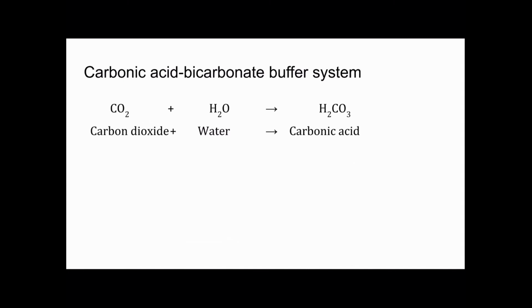When it combines with water, it turns into carbonic acid. So this is partly showing us where that carbonic acid came from, but also telling us that carbonic acid is a weak acid and can make things more acidic. So we can use it as a buffer to lower the pH of things in the body, if we need to donate hydrogen ions to a solution.